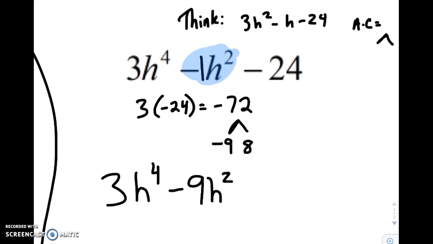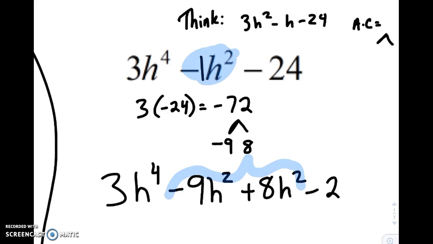We also then are going to add an 8h squared. So in the end, even though I have separated them apart, -9h squared and a positive 8h squared would simplify to a -1h squared. It's the same thing. The blue stuff up top and the blue stuff down below are exactly the same, just rewritten. And then we've got a -24.